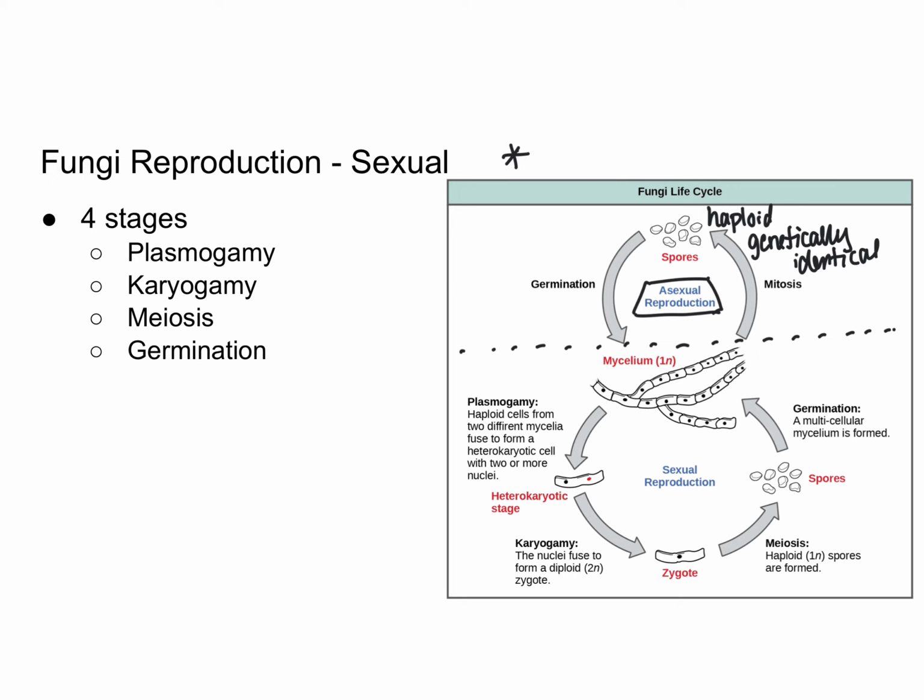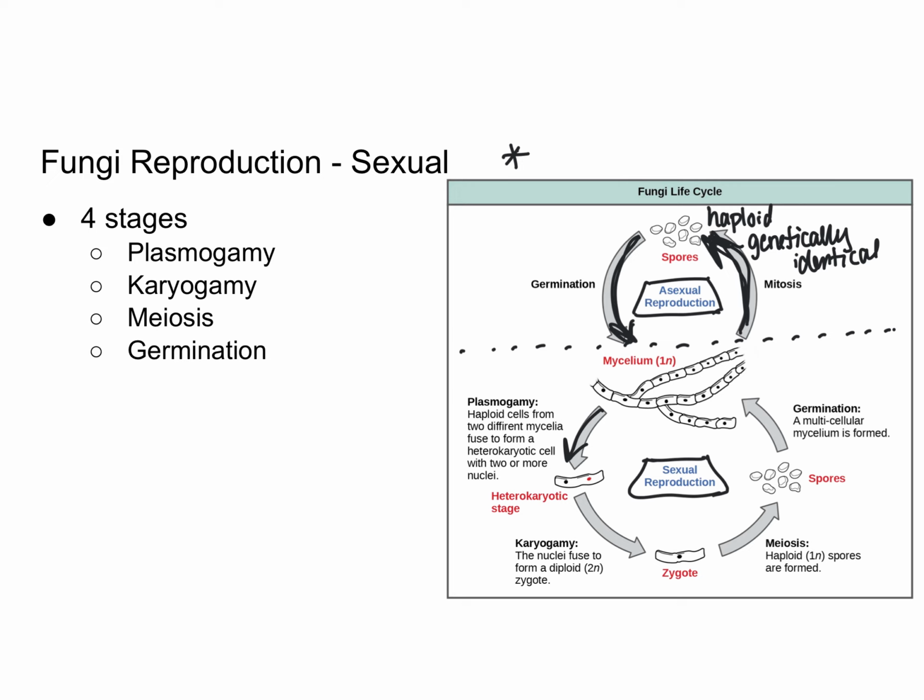Now, the bottom half of this graphic is where we talk about sexual reproduction. And remember, some fungi are going to do the asexual reproduction over and over. And then every once in a while, they might switch and start doing the sexual reproduction depending on environmental conditions.